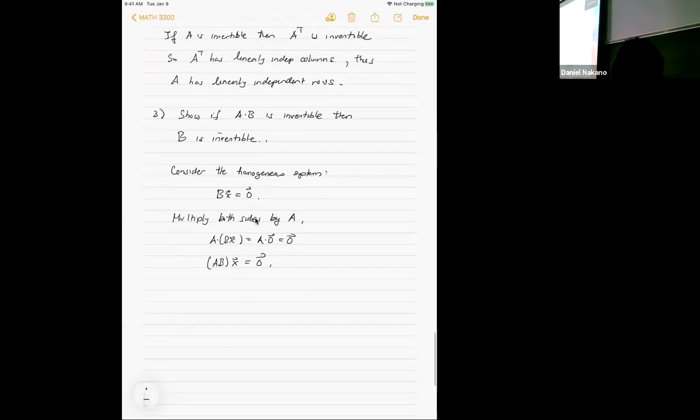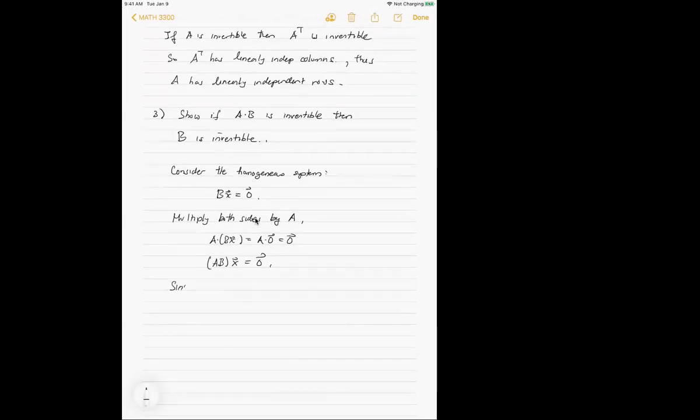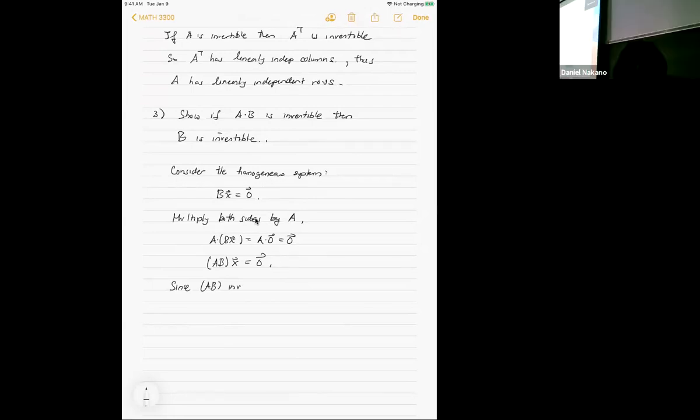Yes. So since AB is invertible, it follows that we only have the trivial solution, so x has to be 0. So what have we shown? We've shown that if Bx equals 0, then x has to be 0.